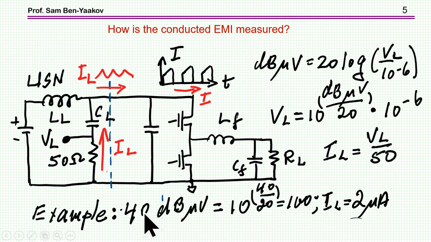So for 40, it's going to be 100 microvolt divided by 50, so it's 2 microamps. So it's fairly low signals we are talking about. The requirements are fairly strict.